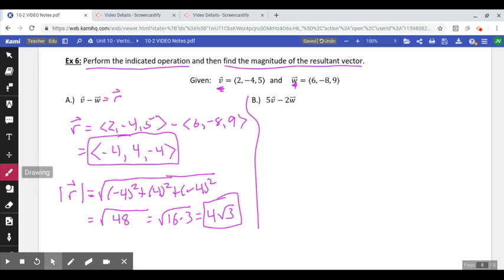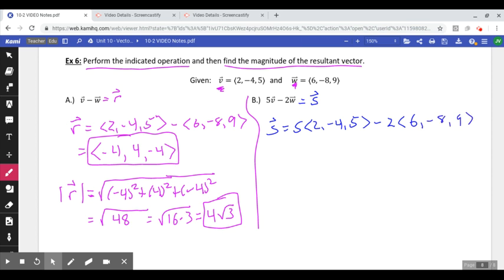Let's work with the next one. So we've got 5 times v minus 2 times w. We'll make that equal to vector s just to simplify things a little bit. So vector s will be 5 times 2, -4, 5, minus 2 times vector w here, which is 6, -8, 9.